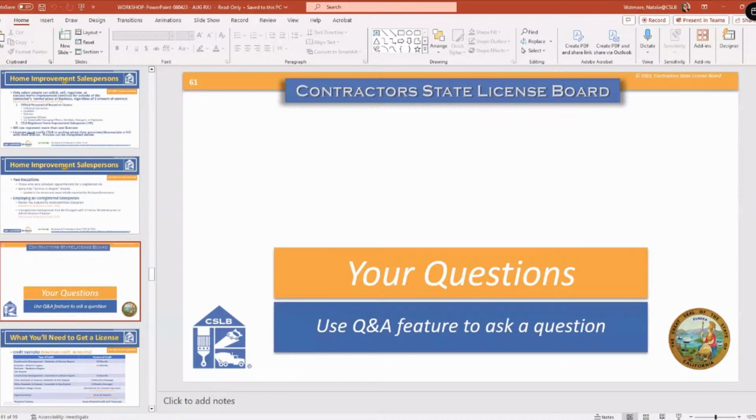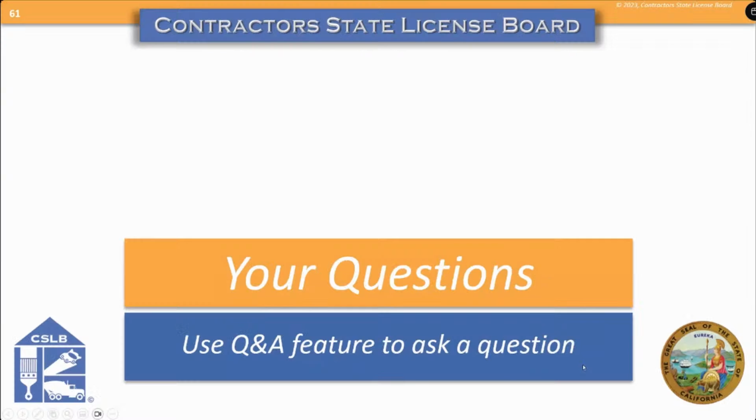Question number 1, can I qualify for a B2 as a homeowner who has done my own remodeling work? As a B2, it is a possibility. You have to have 3 unrelated trades. Again, no framing, no new installation of HVAC, plumbing, or electrical.